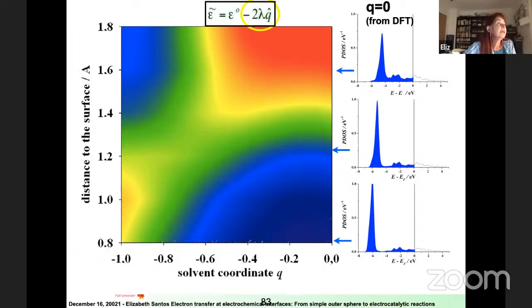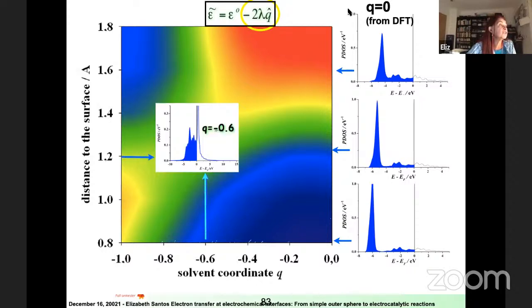Then, if we move the position of this, due to the lambda that we have obtained from molecular dynamics, and we change the solvent coordinate, the center of this density of states shifts according to this. And then we see, for example, that by the transition state, this state at Q null becomes that at Q minus 0.6.